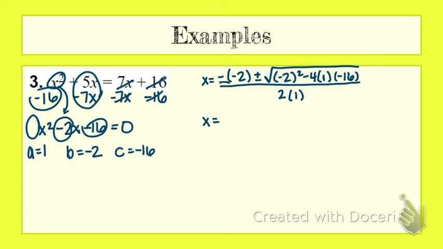We're going to get negative 2, which is a positive 2, plus or minus the square root. Negative 2 squared is negative 2 times negative 2. That gives us positive 4. Minus 4 times 1 times negative 16, which is going to be plus 64. All divided by 2. So then we'll simplify the stuff under the radical to get the square root of 68.